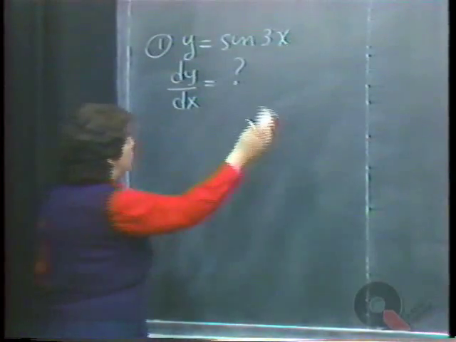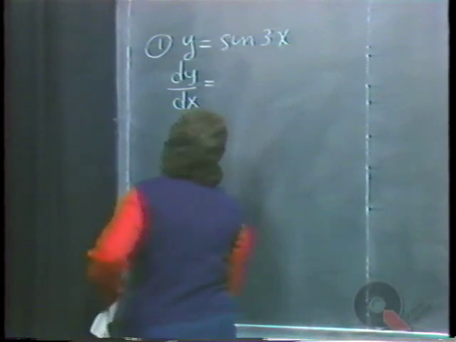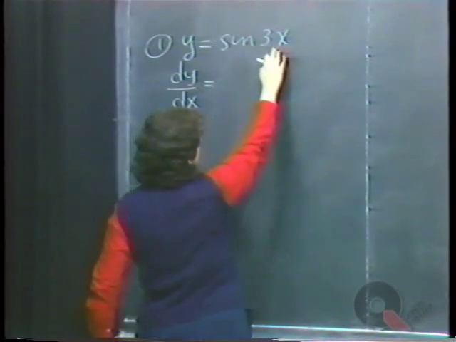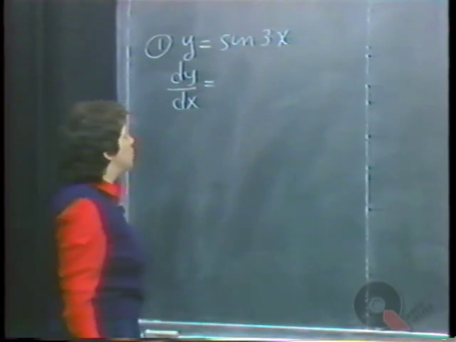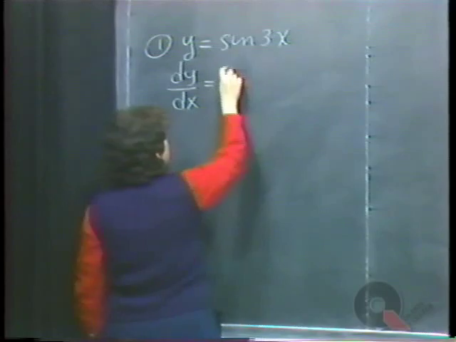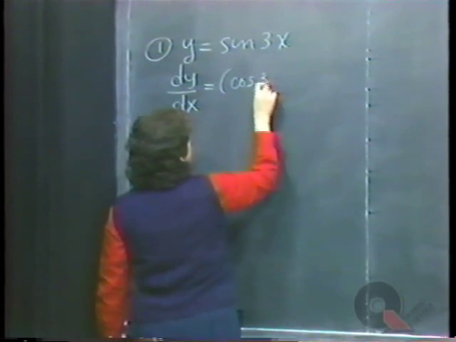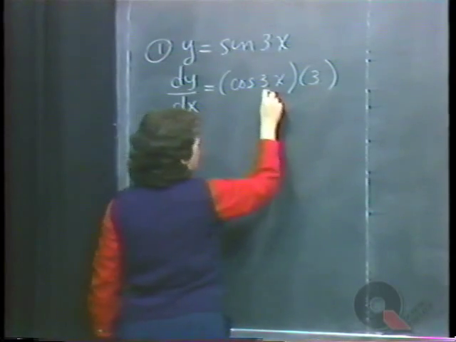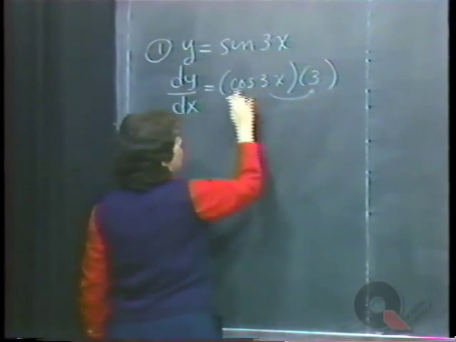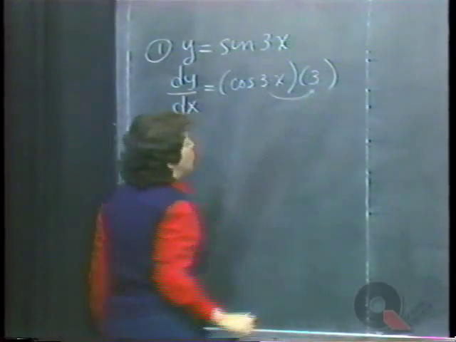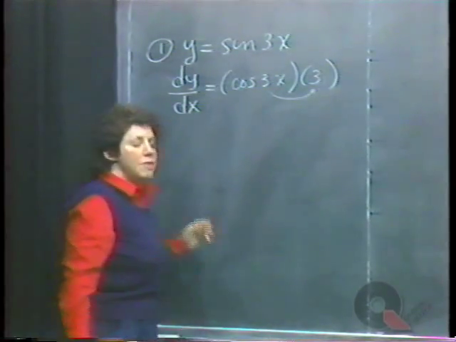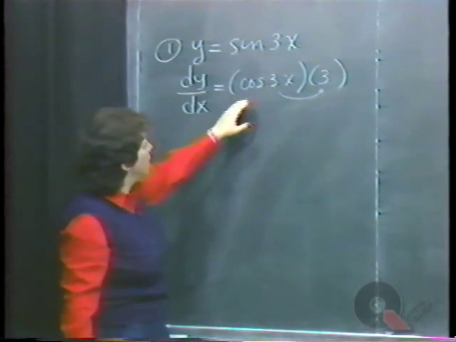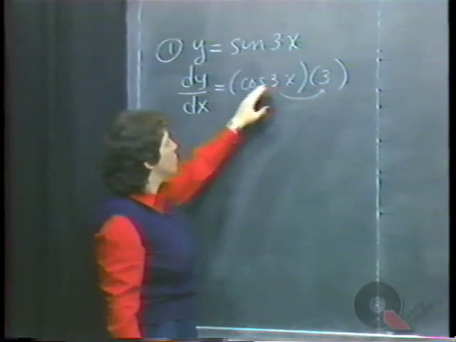We see that this first example comes under the category sine of f of x. It is sine of a function. The derivative of sine of a function is cosine of the same function times the derivative of the function. A common mistake that students make is that they write down the cosine of 3, the cosine of the derivative.